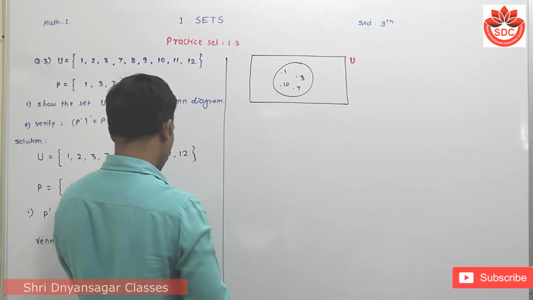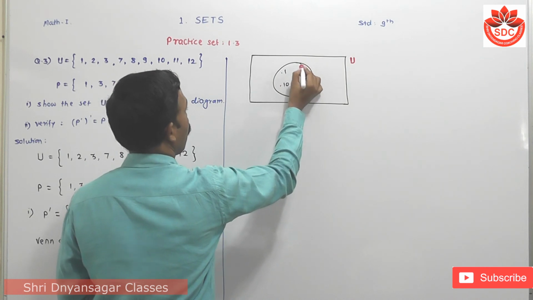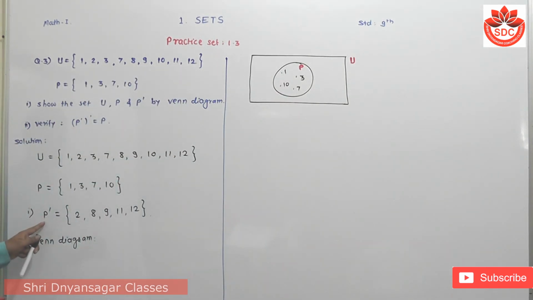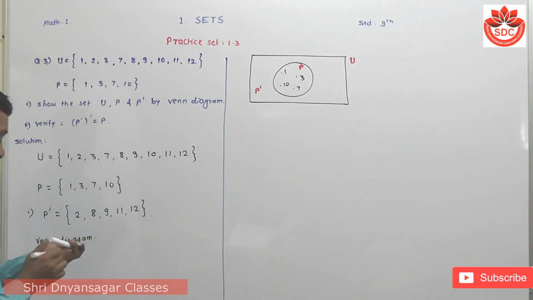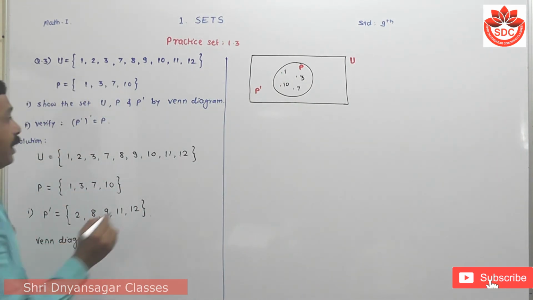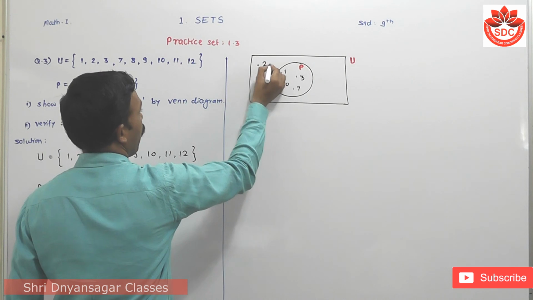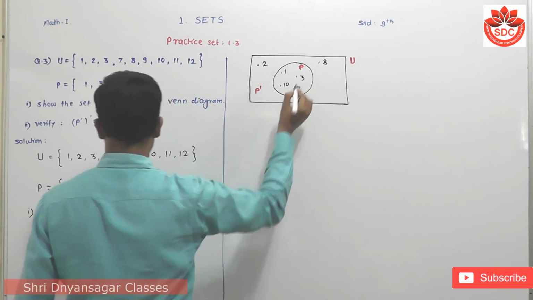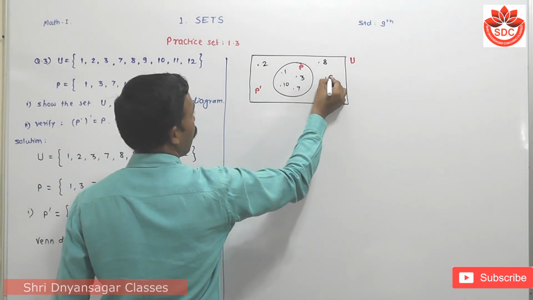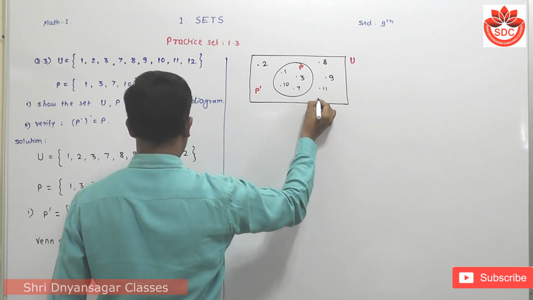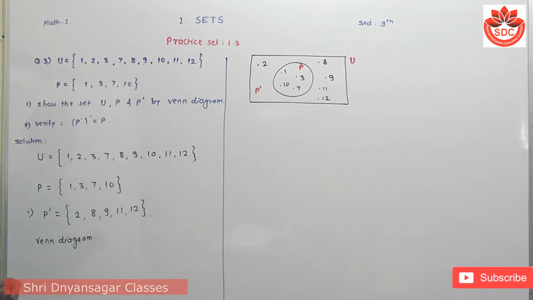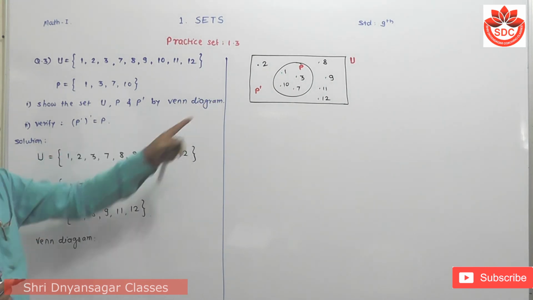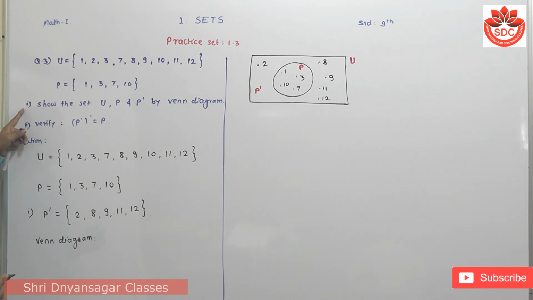This is the set P. Then we write here P's complement. Here I will denote it by P's complement. The elements are 2, 8. You have to write these elements 2, 8 anywhere, as the complement of the set. Now this is the Venn diagram of the first question.